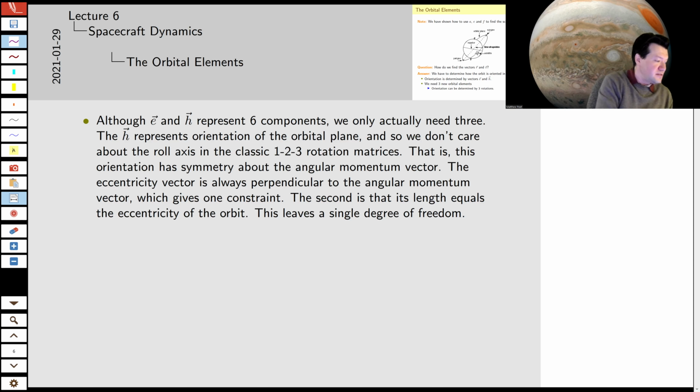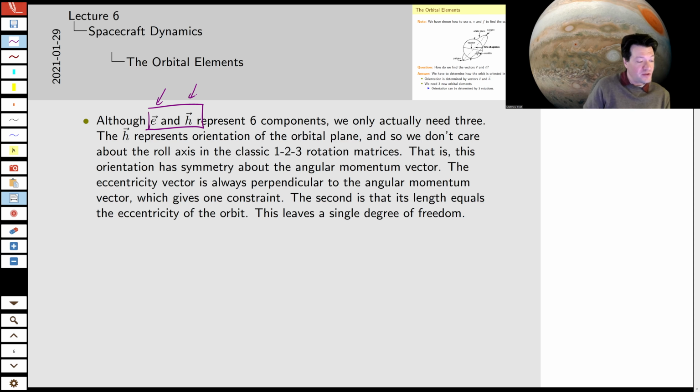So technically, given a coordinate system, you would think that we would have everything we need from the eccentricity and angular momentum vectors. Together, they're vectors, so they actually represent 6 components of the orientation. They're not actually independent, but we can ignore that for the moment.